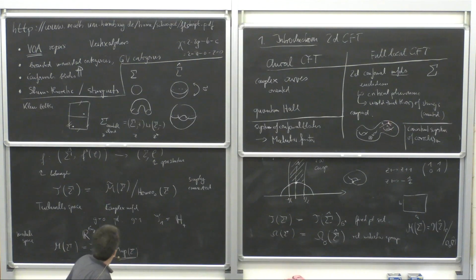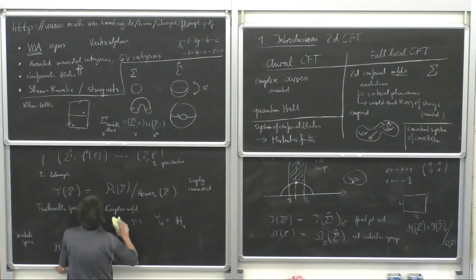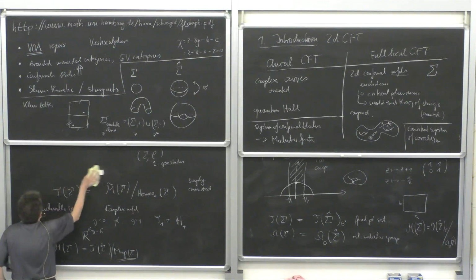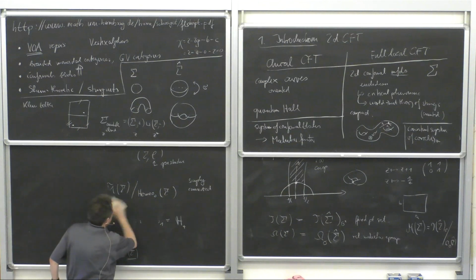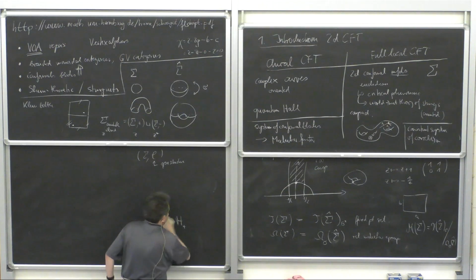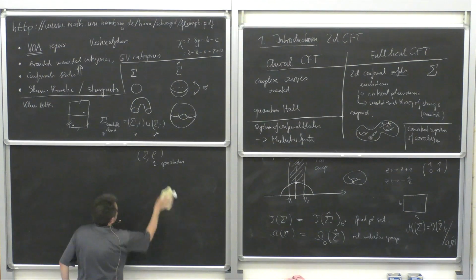While I'm cleaning the blackboard: vertex algebras are not the only formalization of chiral symmetries.